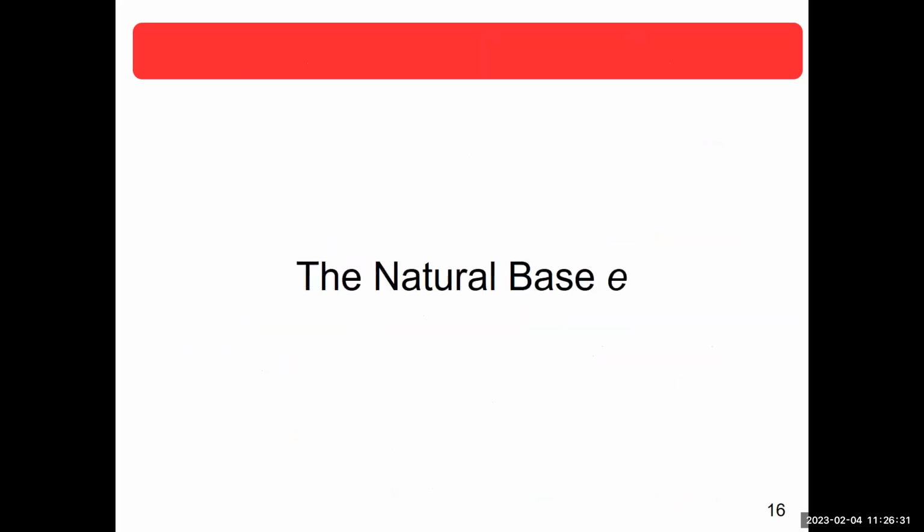Natural base e. e is a special number. Some scientists found it has special properties, so they used it to simplify some things in finance and mathematics. If you push on your calculator, you have a button e to power x.